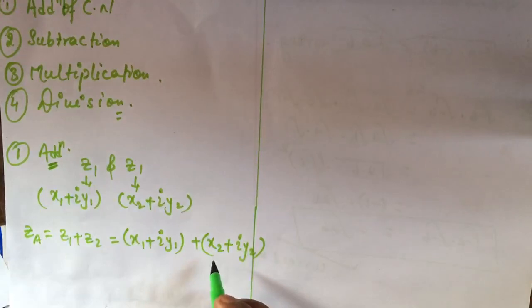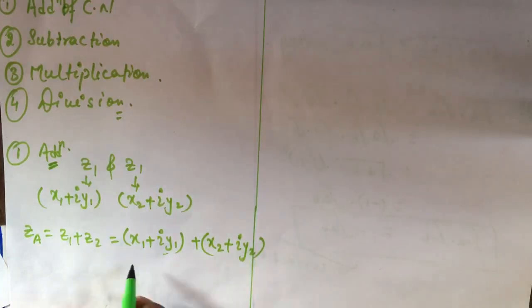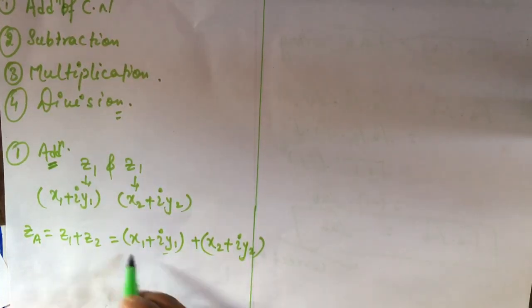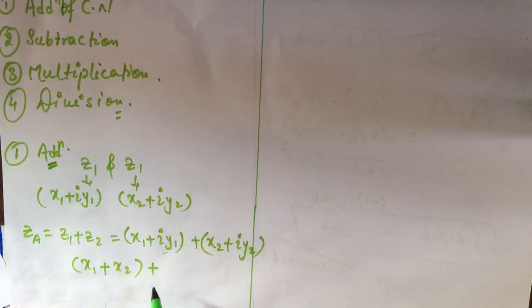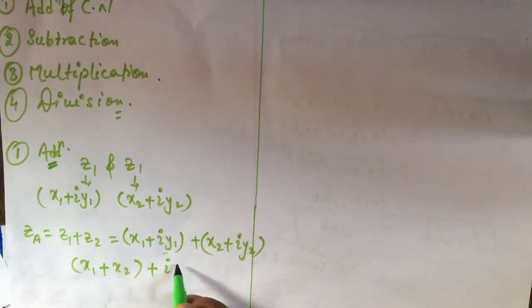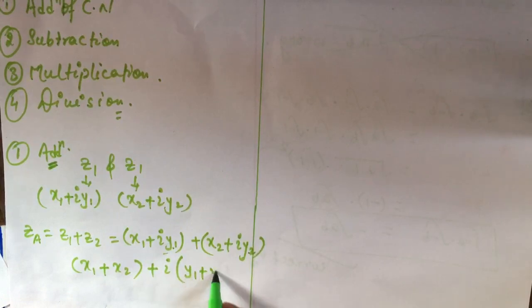Now what we will do, we will add the real parts of the two complex numbers separately and the imaginary parts of the two complex numbers separately. So the real part of the two complex numbers is x1 plus x2, put it into the bracket. Now plus sign, i is taken out common, and y1 plus y2.